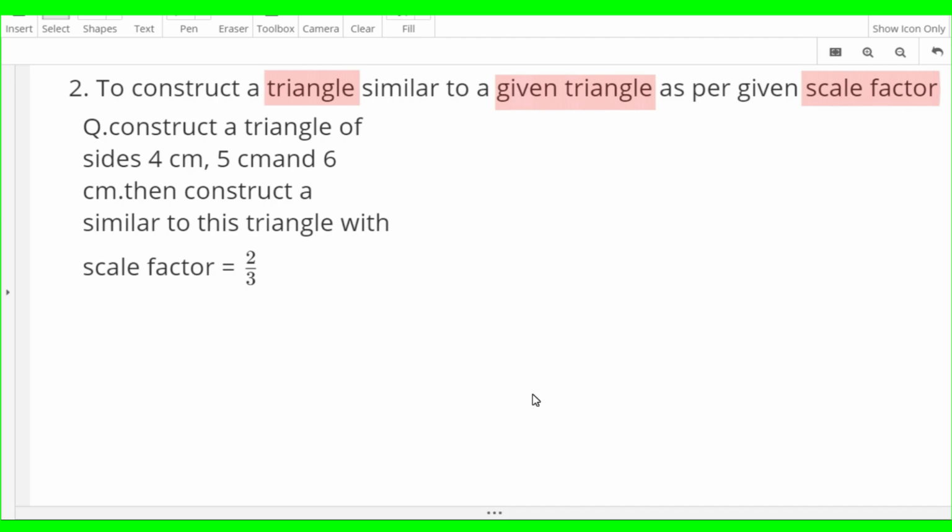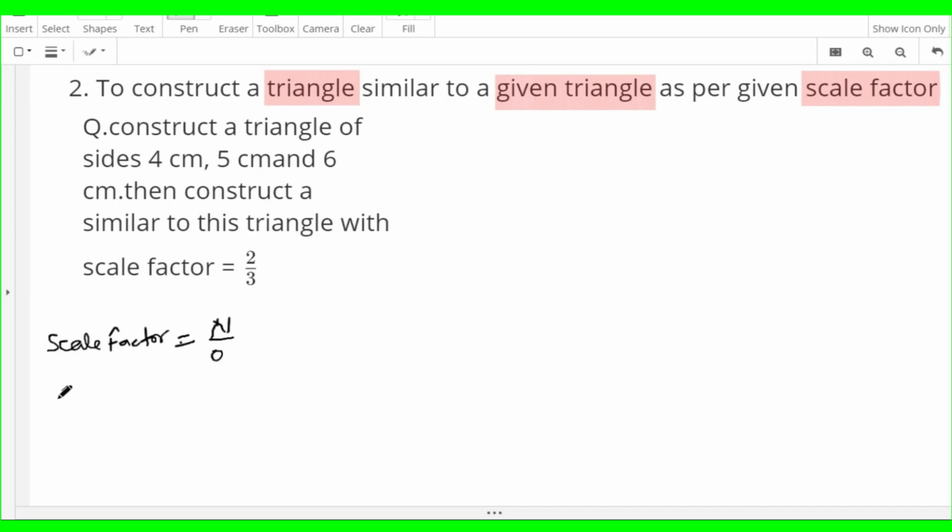First of all you must understand what is called scale factor. Scale factor is the ratio of new side by old side.